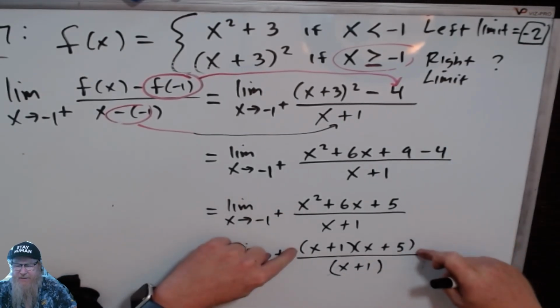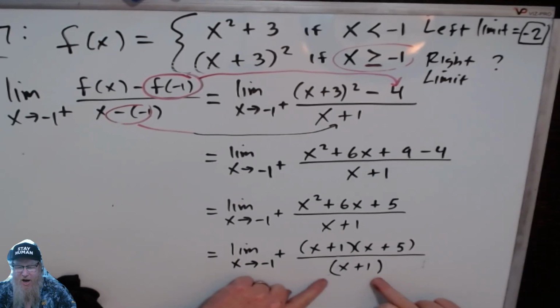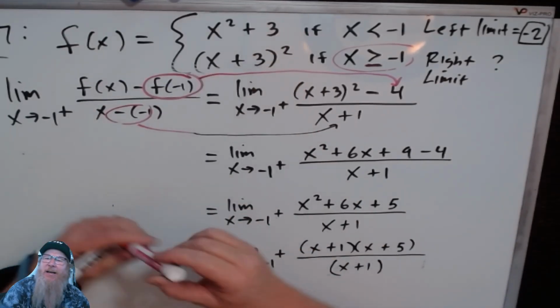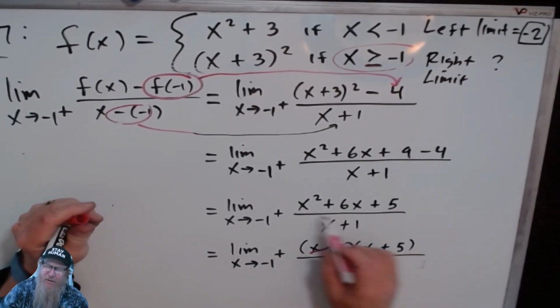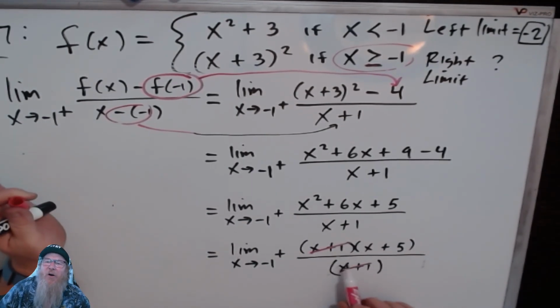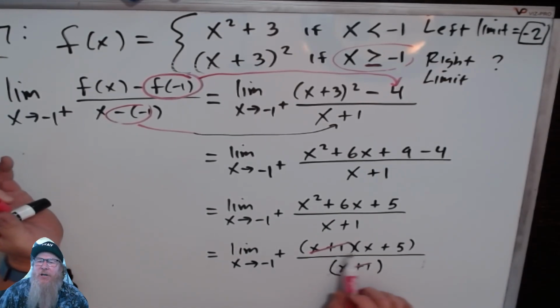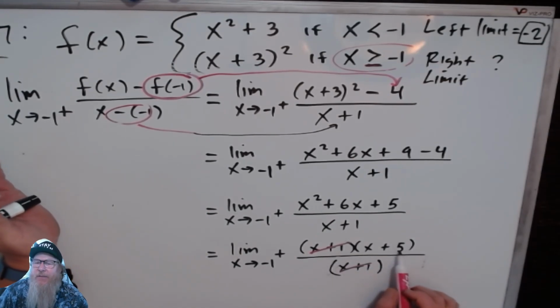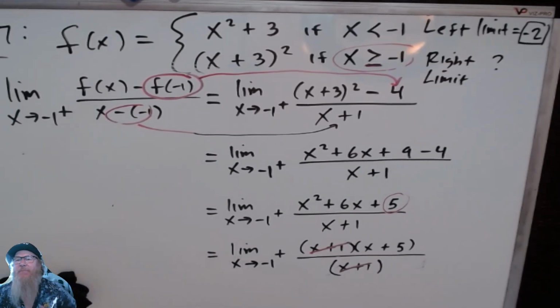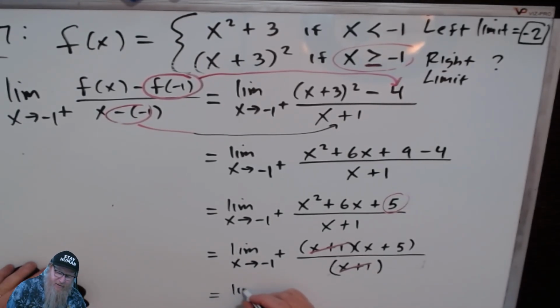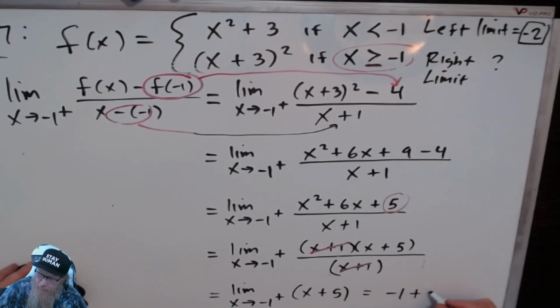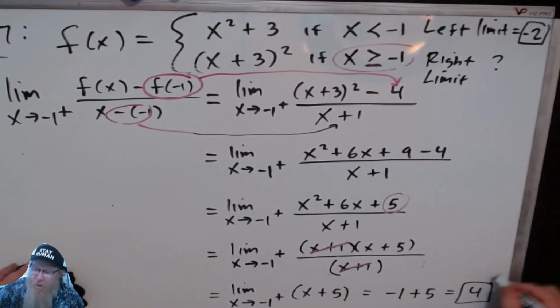Remember, when you go to this factoring step, the denominator must cancel. So that should make the factoring a lot easier. You don't really have to guess very far away from what you already have. So I already knew it was going to be 1 times something. So the only option is 1 times 5, right? Because that's how you get 5. So that's going to be the limit as x approaches negative 1 from the right of x plus 5, which is negative 1 plus 5, which is 4.